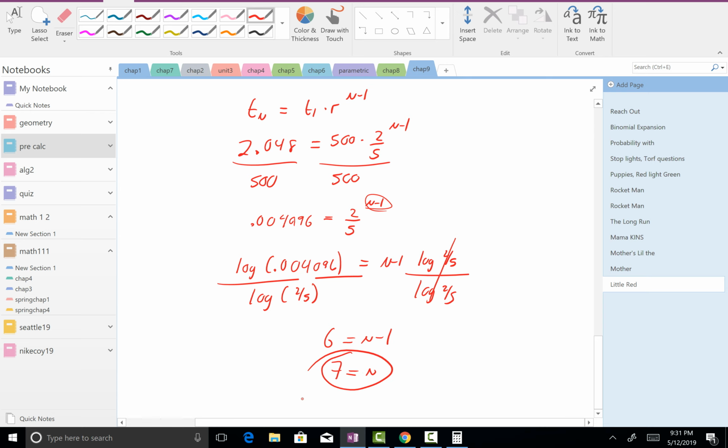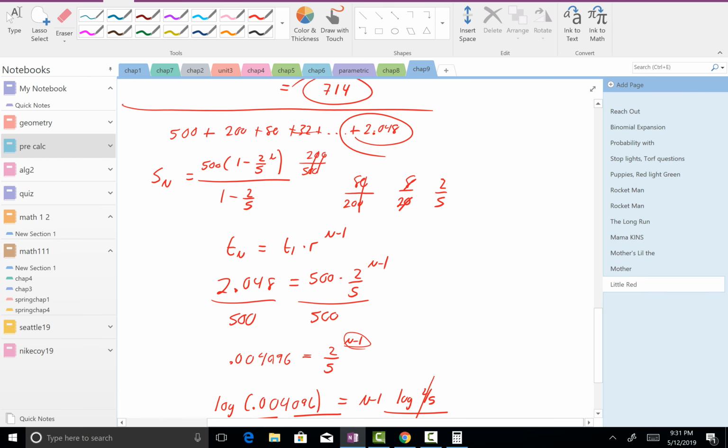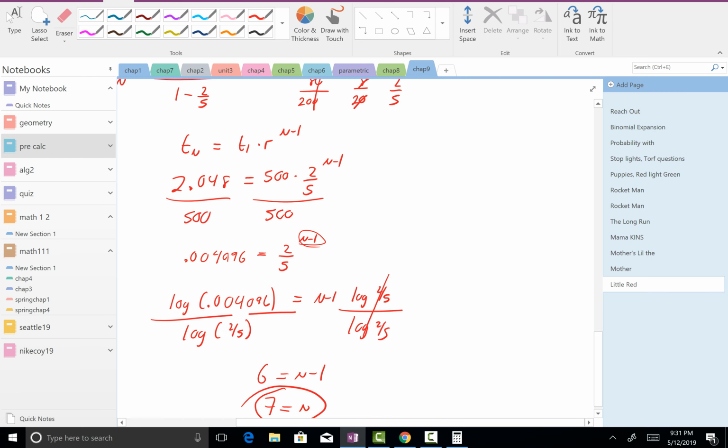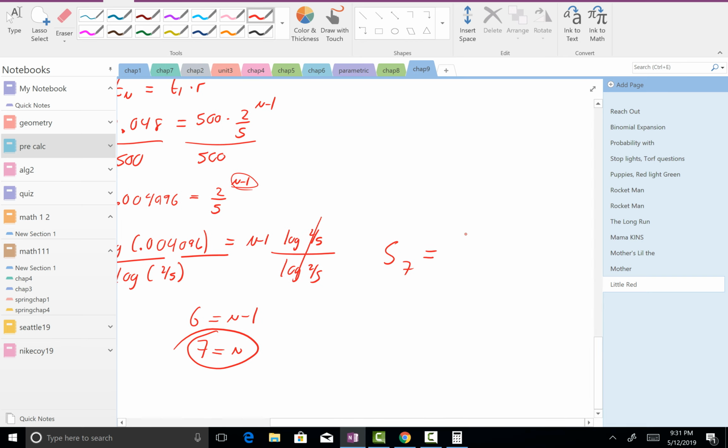So there's our n. Now we can go back up and find the answer. We use our sum formula. So we have a1, which is 500, times 1 minus 2/5 to the 7th, all over 1 minus 2/5.